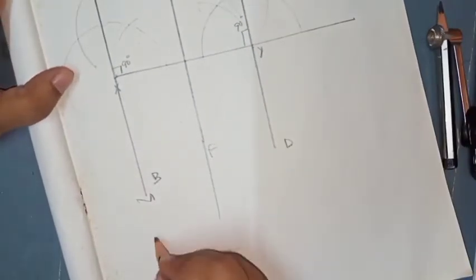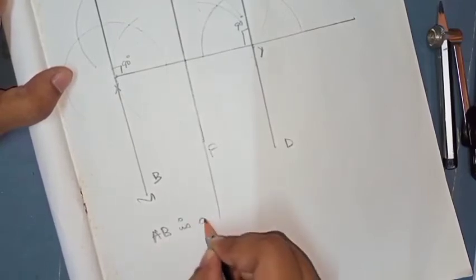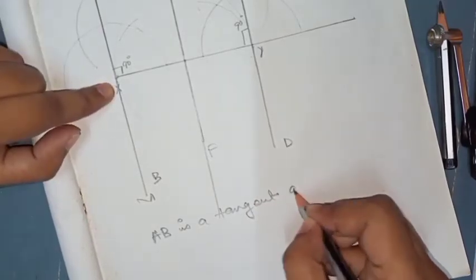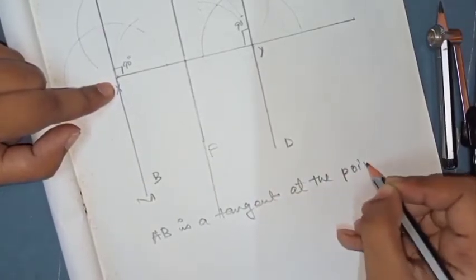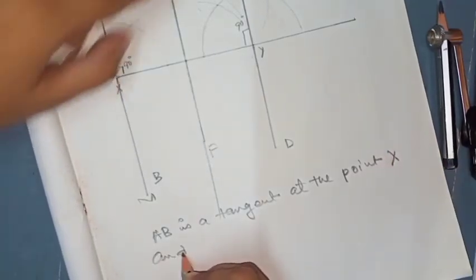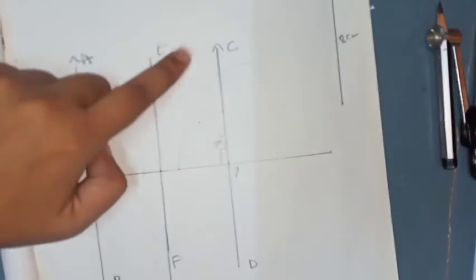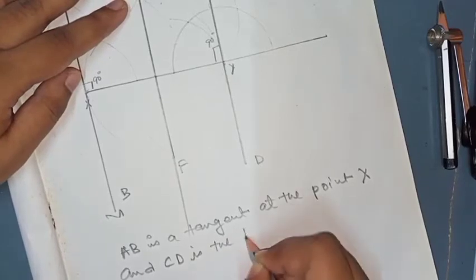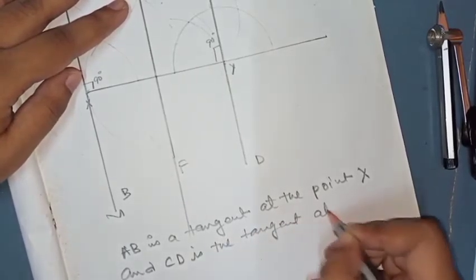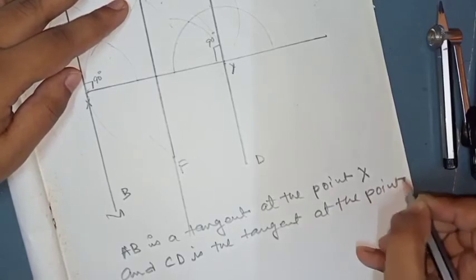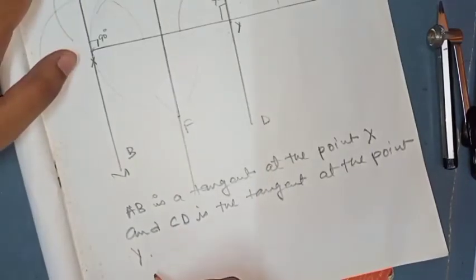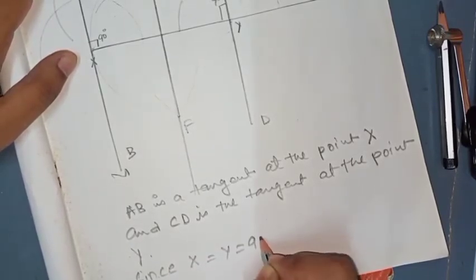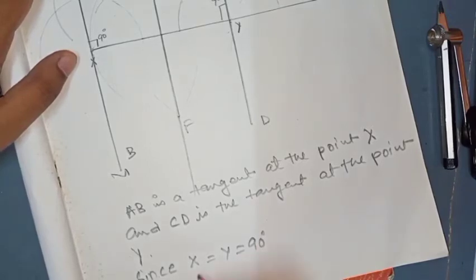So you will write, AB is a tangent at the point X, and CD is the tangent at the point Y.